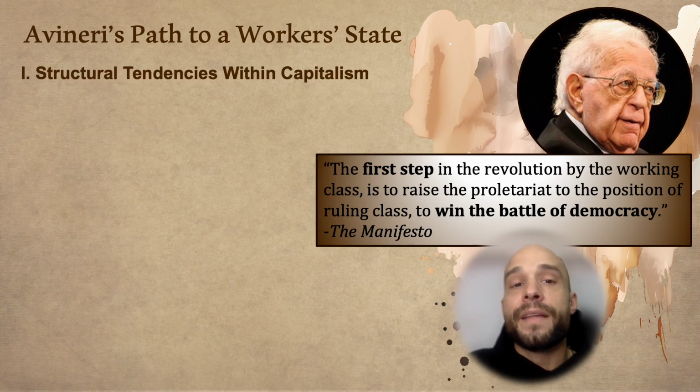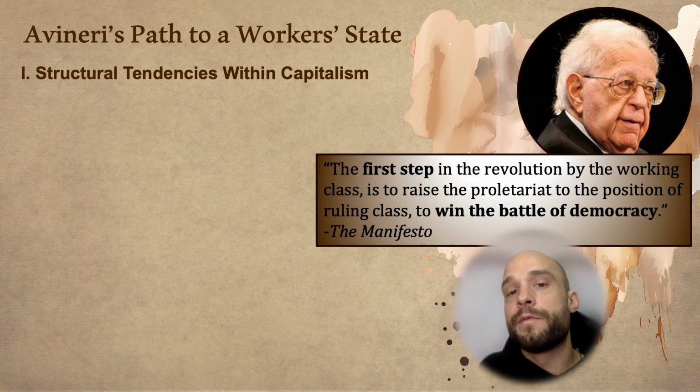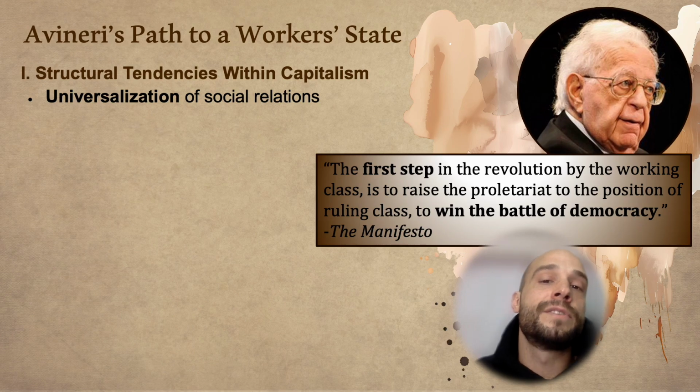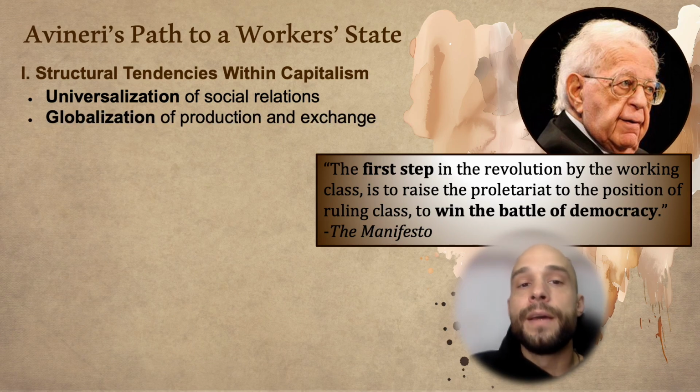Okay. First, the claim is that there are structural tendencies already growing within capitalism that set the stage for further developments, but they are not always pleasant or positive in themselves. The first is universalization of social relations. People increasingly relate to one another not as members of a feudal state, caste, or religion, but as participants in the same socioeconomic system.